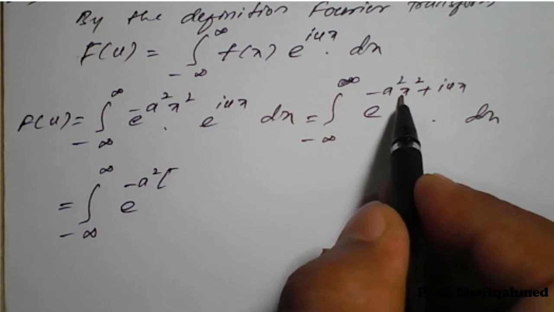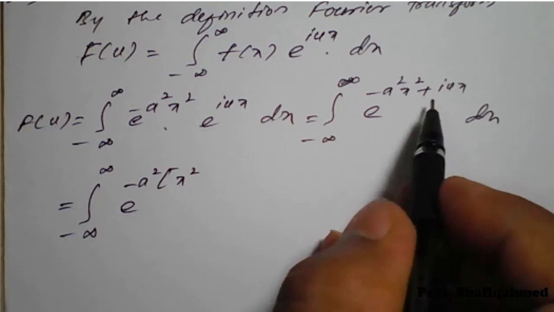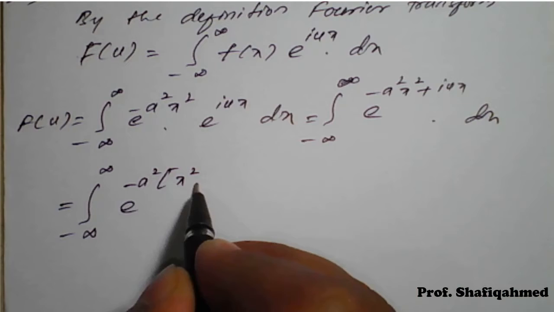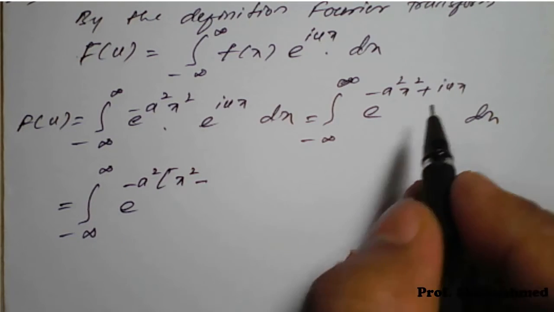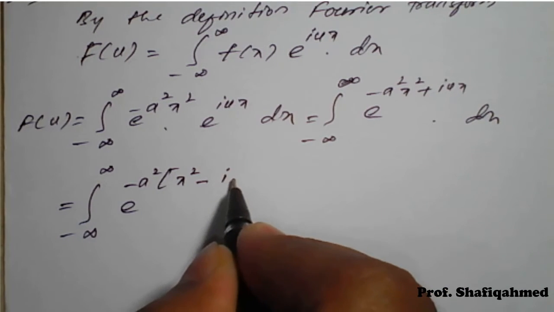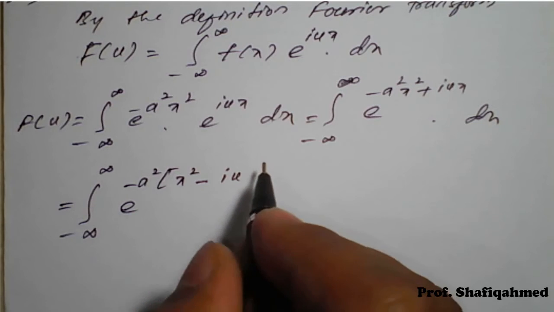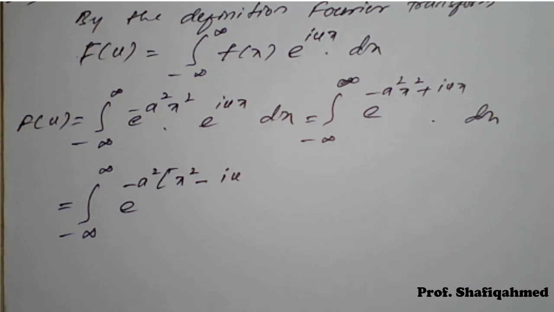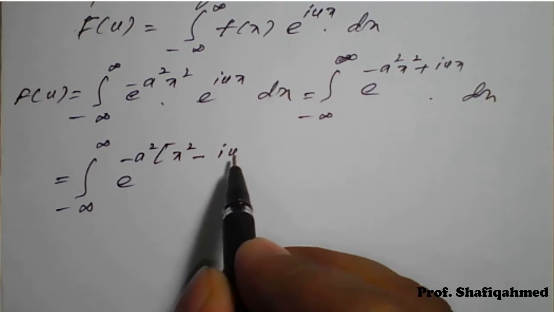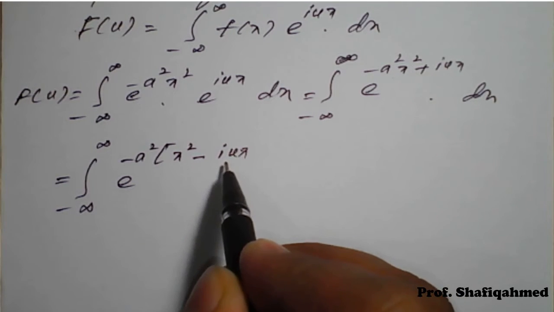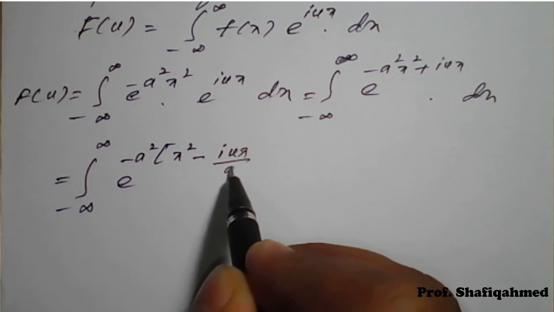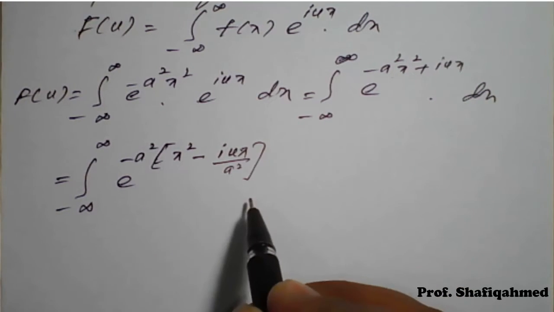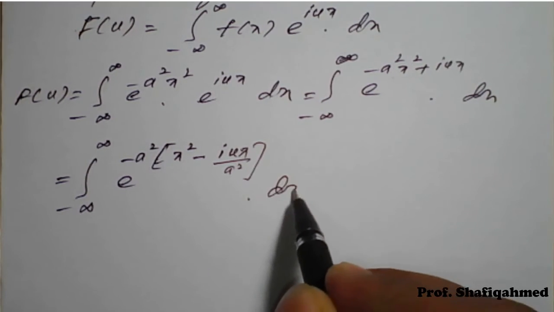So x square plus will become minus because I have taken the minus sign out, i u x upon a square into dx.